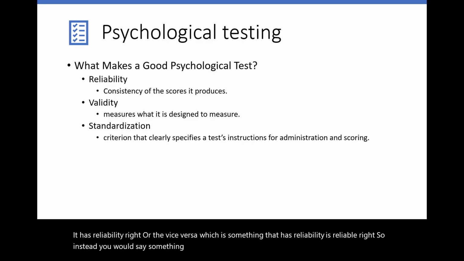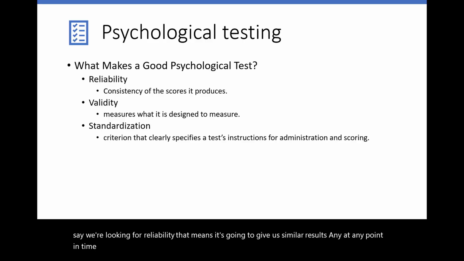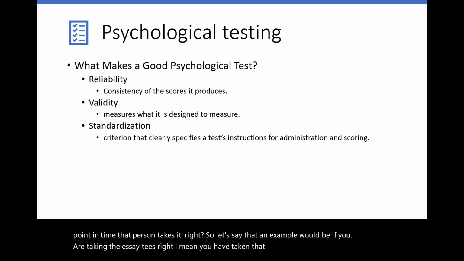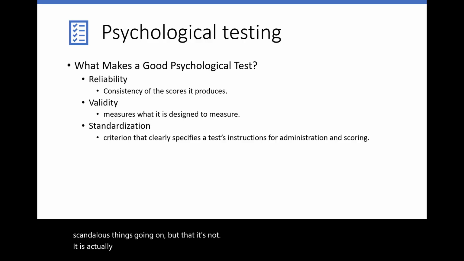What we're looking for in a test, if we say we're looking for reliability, that means it's going to give us similar results at any point in time that person takes it, right? So an example would be if you are taking the SATs. You have taken the SATs, which, there's a lot of scandalous things going on with that, but you know that it is actually pretty reliable because you can score the same score or very similar scores.